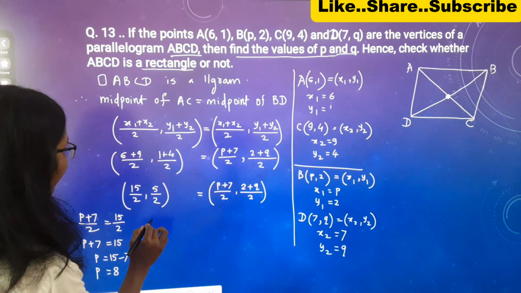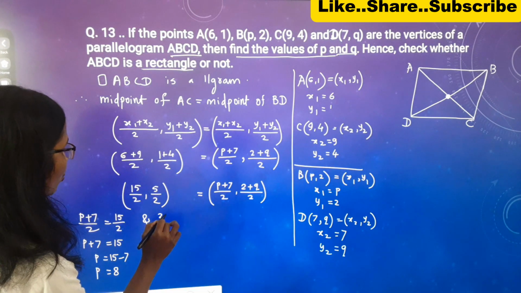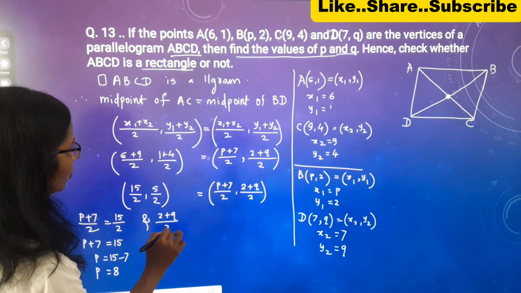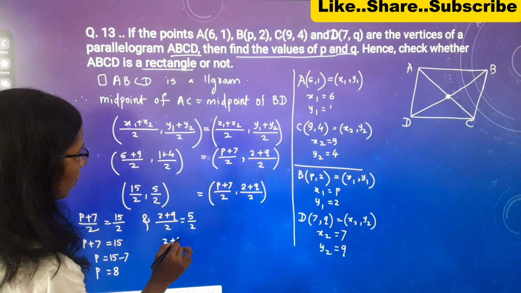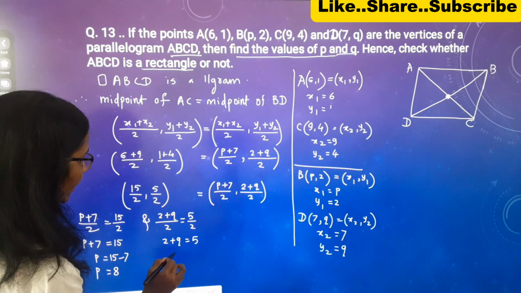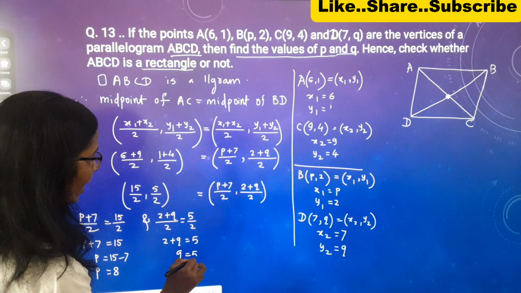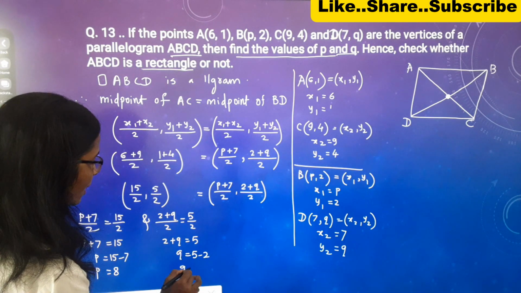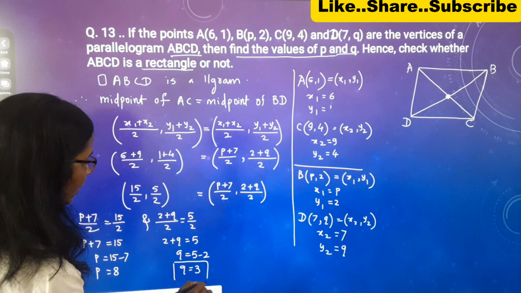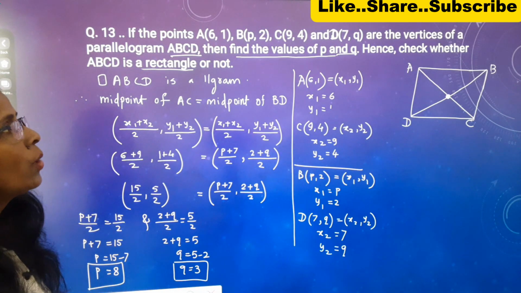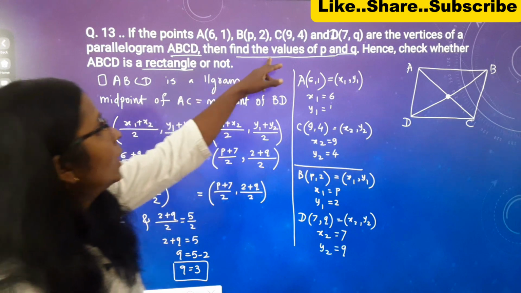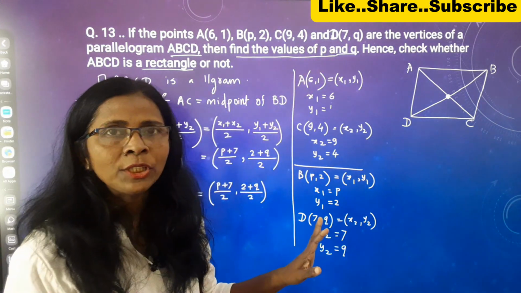And 2 plus q upon 2 is equal to 5 upon 2. So 2 plus q is equal to 5. That means q is equal to 5 minus 2, so q is equal to 3. The value of p is 8 and q is 3. So that means we solved the first question.